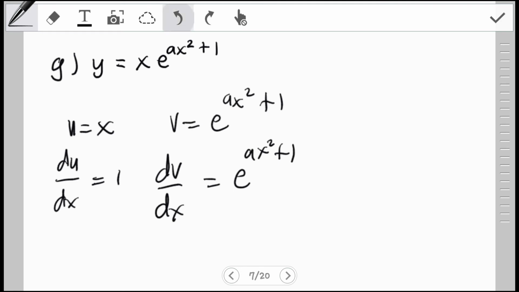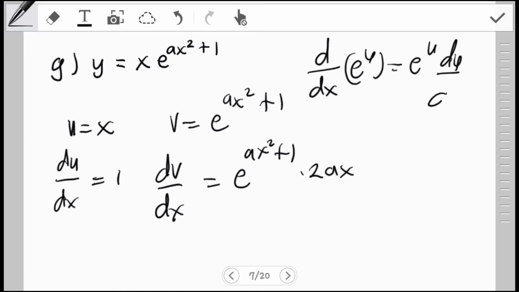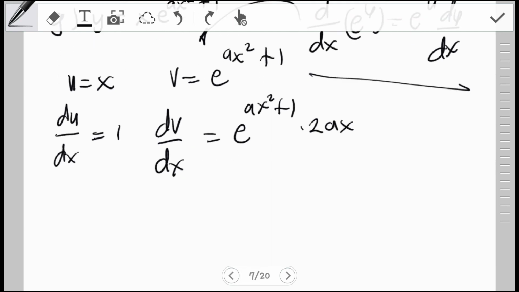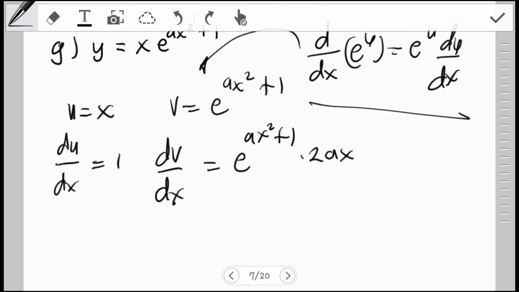Take note, to differentiate in terms of exponent, we use this formula: d over dx of e to the u is e to the u du over dx. This formula can be applied to this problem for differentiating exponential functions.